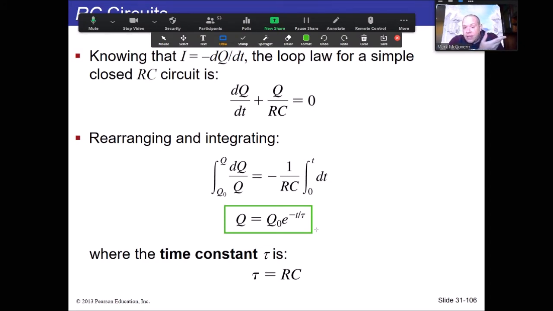What that means is when you reach a millisecond, the charge will drop to 1 over e's value, which is 0.37, I believe. 1 over e is a number. What's that number though? It's like 0.3678, and so on. So it's like 0.37.